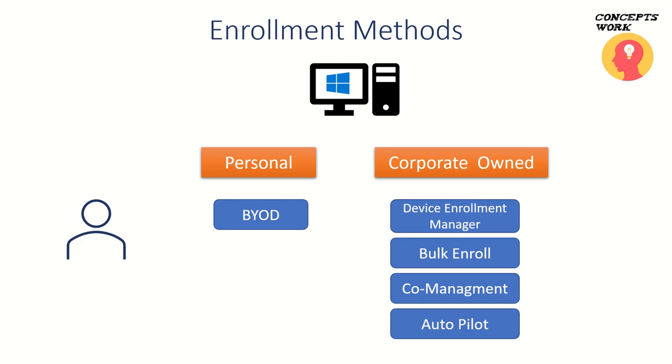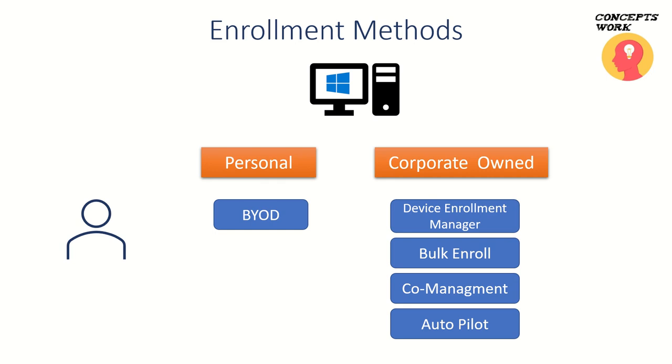In case of a corporate owned device, you can choose Device Enrollment Manager, an account which can enroll up to 1,000 devices, or you can choose bulk enroll, or co-management where a device can be managed from SCCM as well as Intune, and the last one is Autopilot. I will cover all these enrollment methods in a dedicated video, but as of now, just remember that for Windows, these are the enrollment methods which are available.